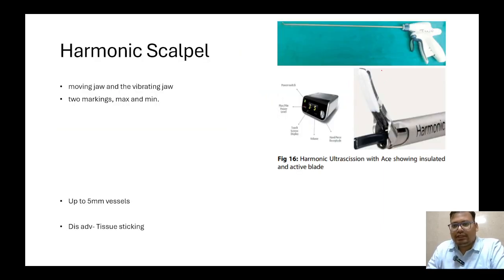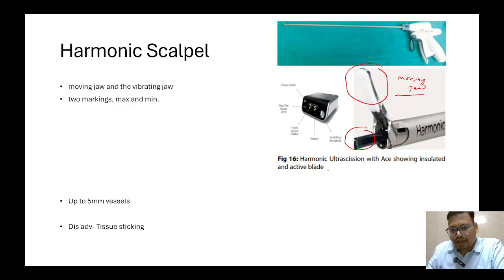See, this one is called the active jaw or moving jaw. And this one is called the vibrating jaw.